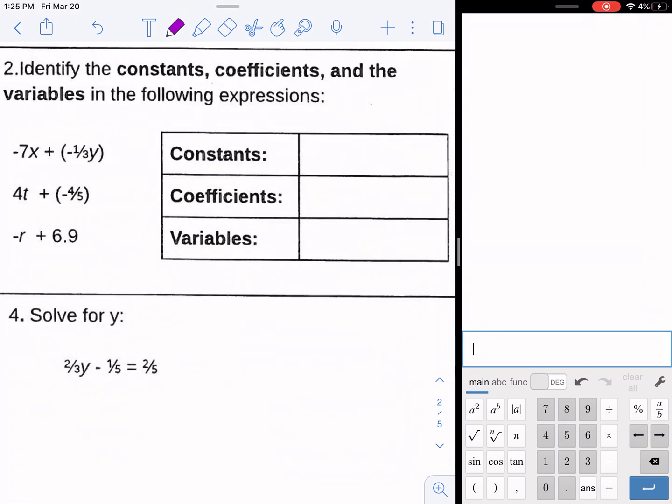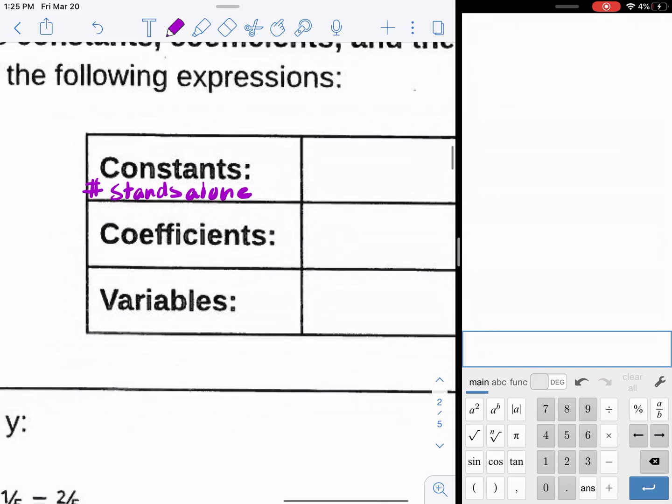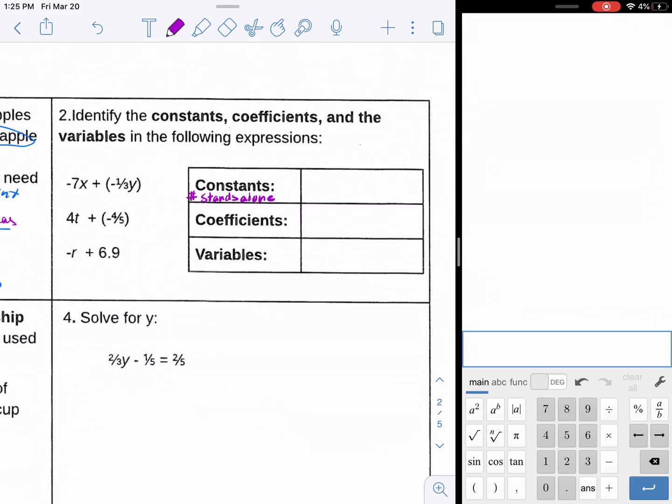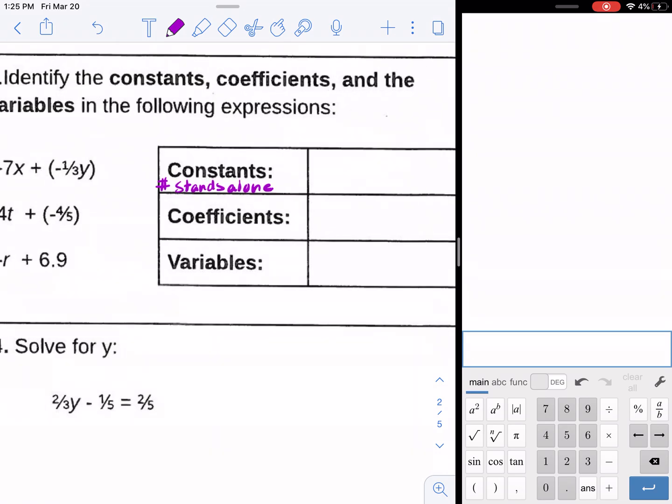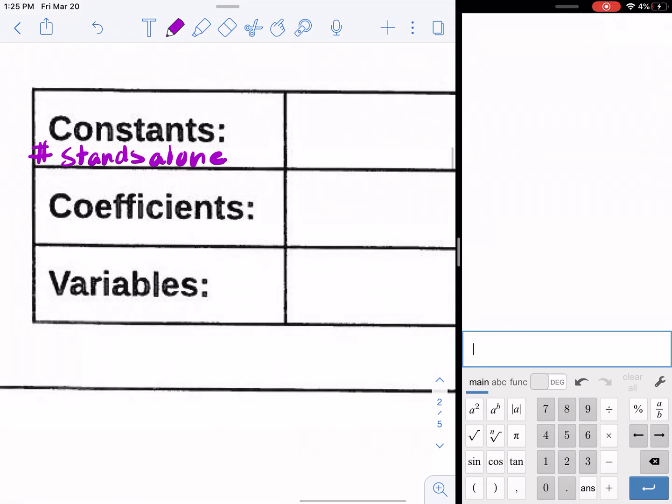And a coefficient is the number in front of a variable.